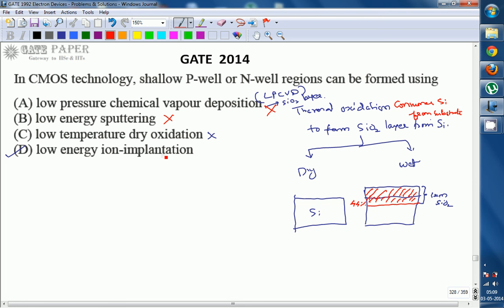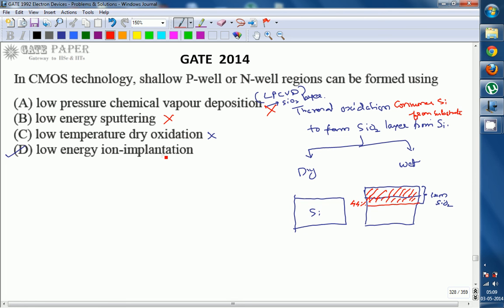Ion implantation is the process of direct implantation of energetic ions into the semiconductor. In the ion implantation process, a beam of impurity ions is accelerated to kinetic energies ranging from several kilo electron volts to several mega electron volts and is directed onto the surface of the semiconductor, so that those impurity ions can give up their energies.